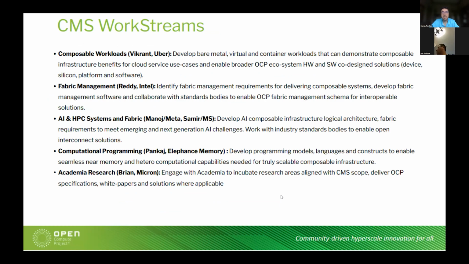As I said earlier, once you disaggregate things, we need to have a management entity. Fabric Manager is an entity to pull it all together. And then, of course, fabric-enabled solutions targeted for AI, ML, and HPC is a very interesting topic for a lot of people these days. There's good activity going on over there. Composable programming and working with academia are other work streams that the team is working on.